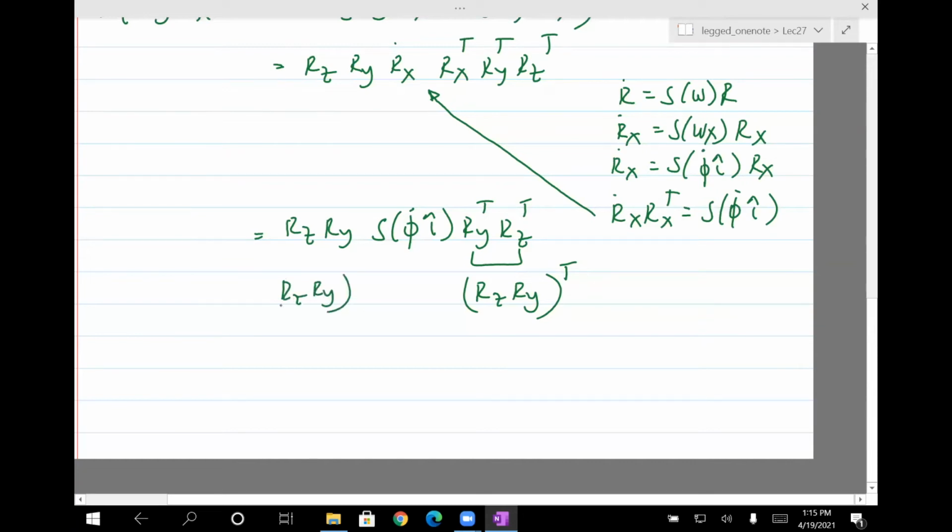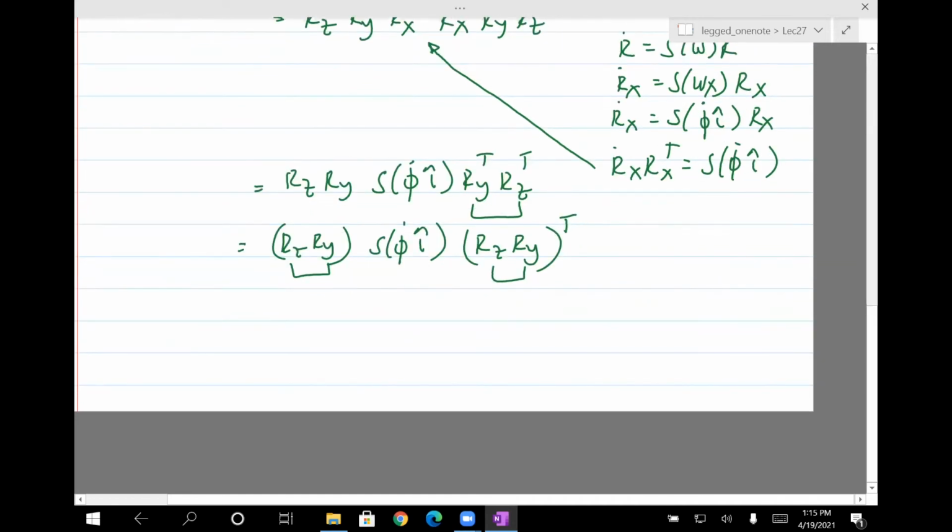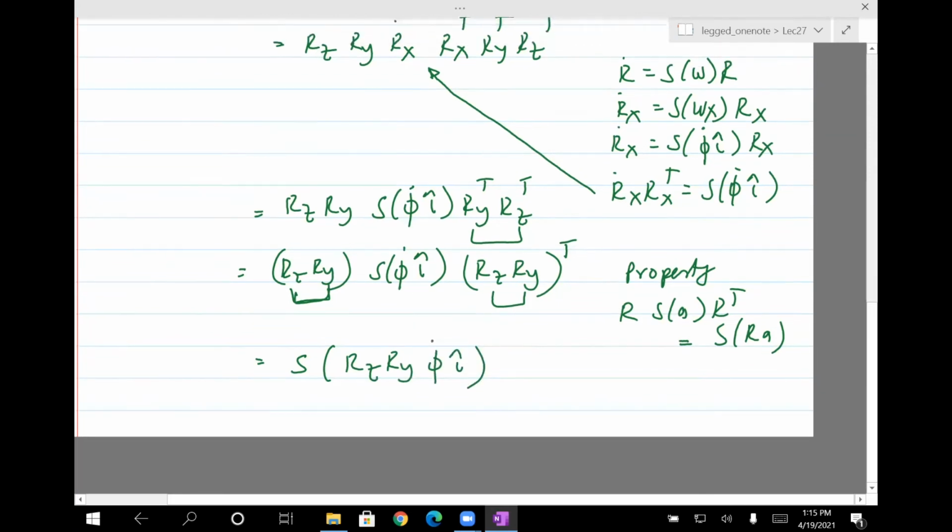Okay, so you can think of this as a matrix R, and then I'm going to use the property of skew symmetric matrix, which says that R S of A R transpose is S of R of A. Right? So here we have S of R of A. R is this term, Rz Ry, A, which is phi dot I. Okay, so that's my simplification for the third term.